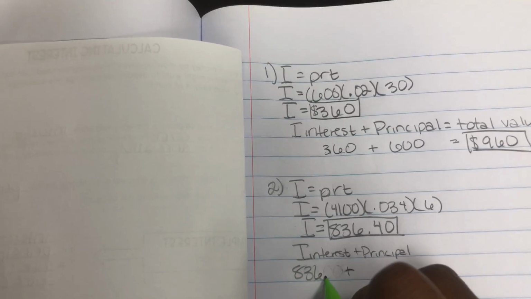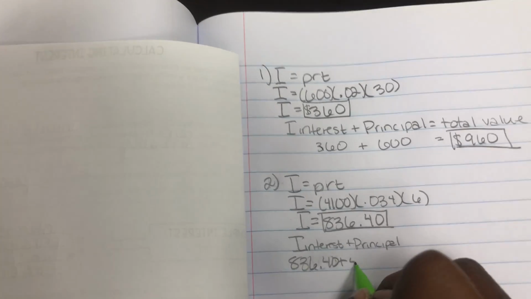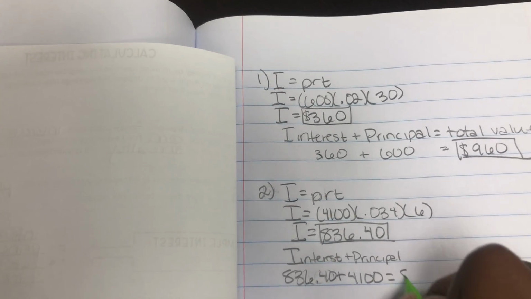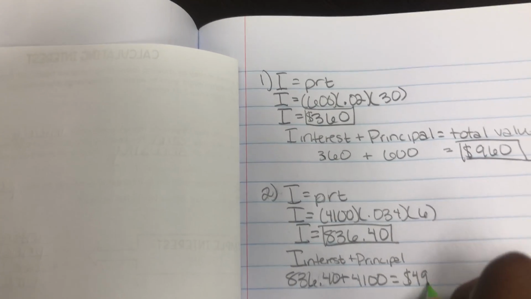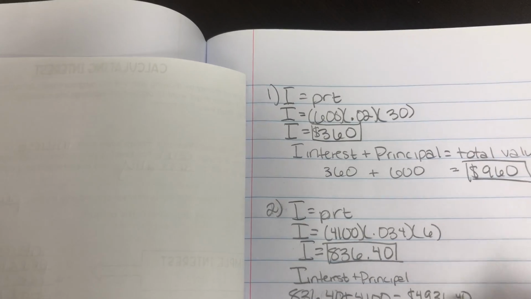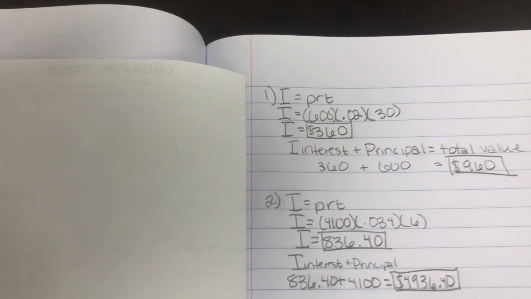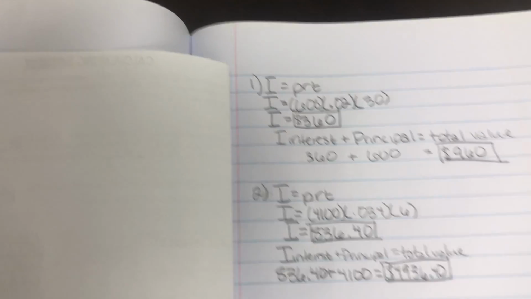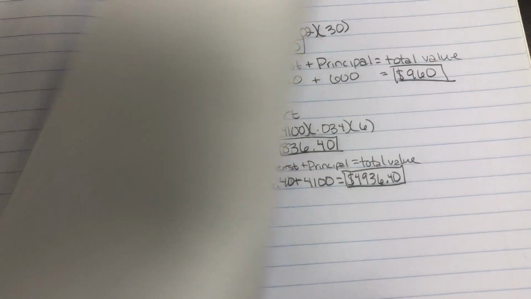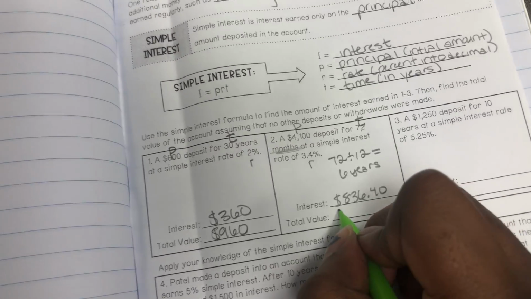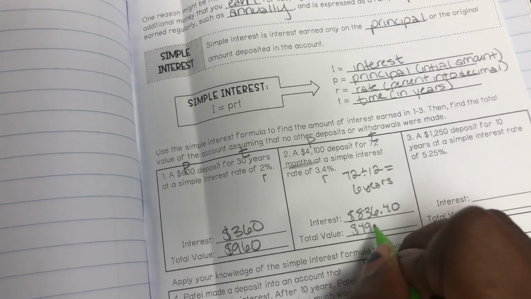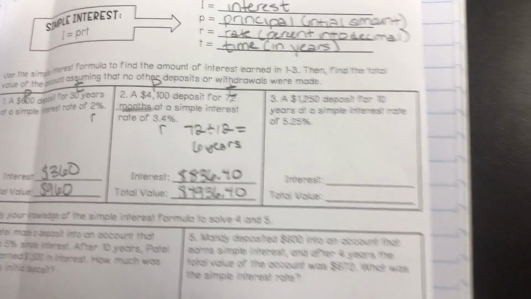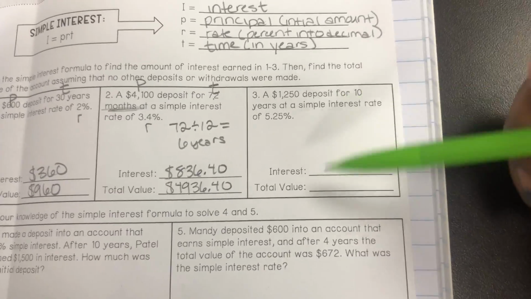It's $836.40 plus our principal, which is $4,100, and we get $4,936.40 for that total value. There we go. So it's going to go right here. $4,936.40. Whew. All right, so do this one and we'll see what you get.